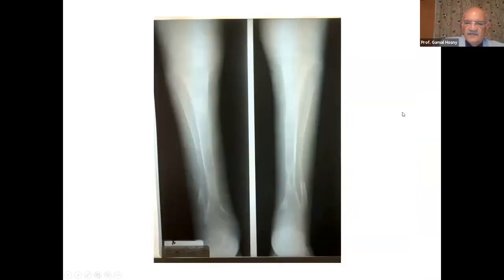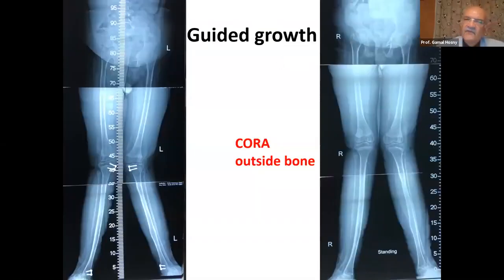And this is after lengthening and the correction of the deformity. You can also use guided growth to correct the deformity, because in such a case you have two CORAs. So we applied guided growth in the upper tibia and guided growth in the lower tibia.